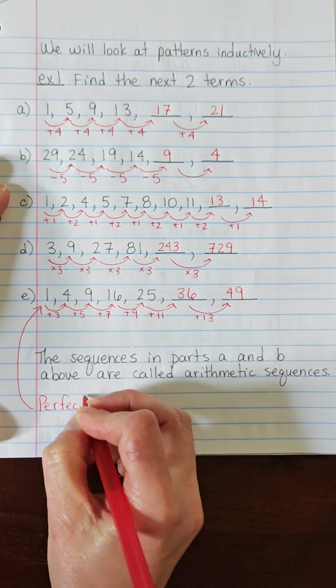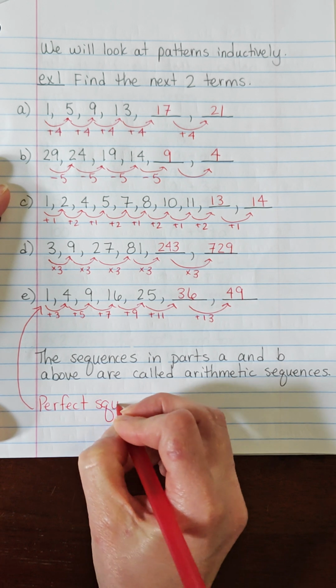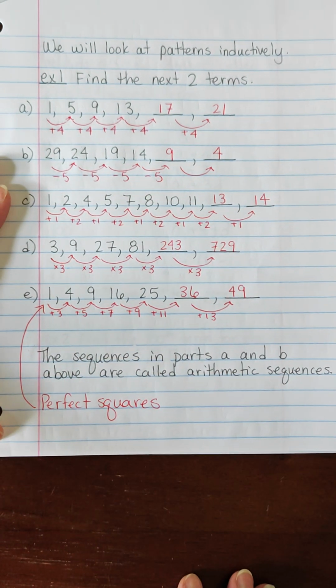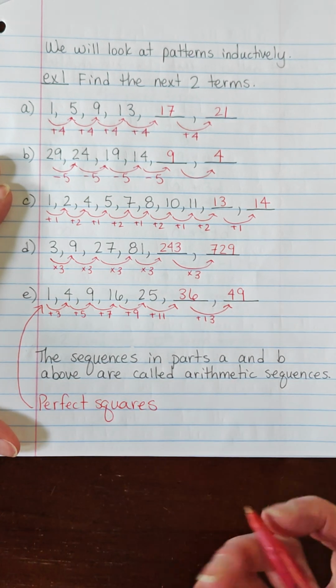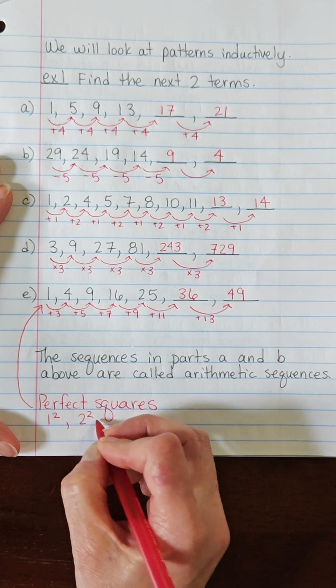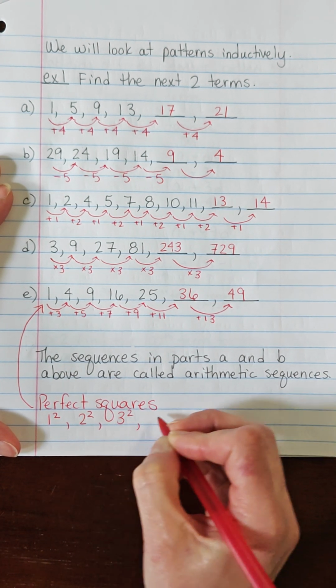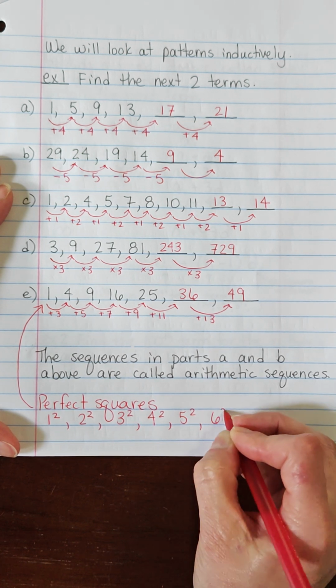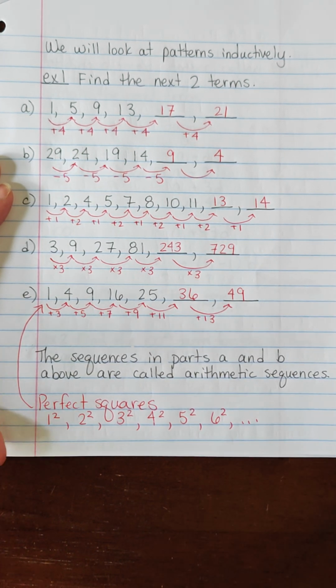So let me just kind of make a little note down here. If you didn't do this odd addition pattern, the perfect squares are 1 squared, 2 squared, 3 squared, 4 squared, 5 squared, 6 squared, and so on.